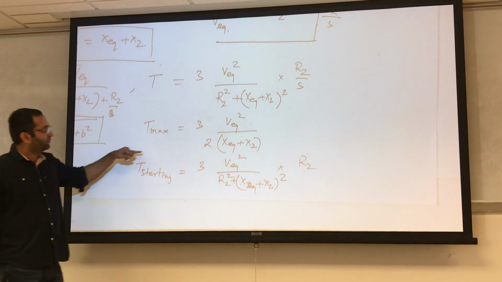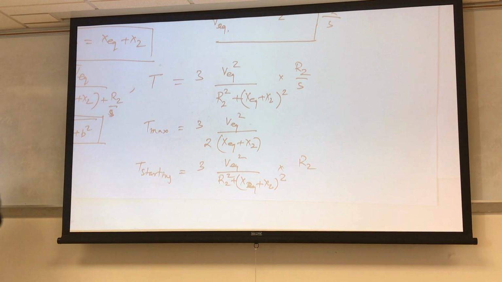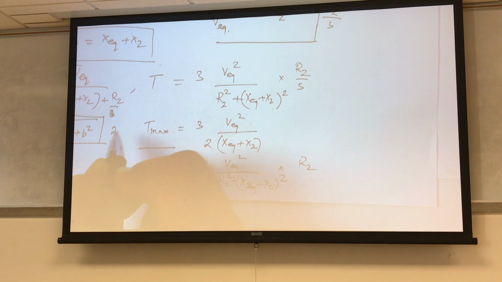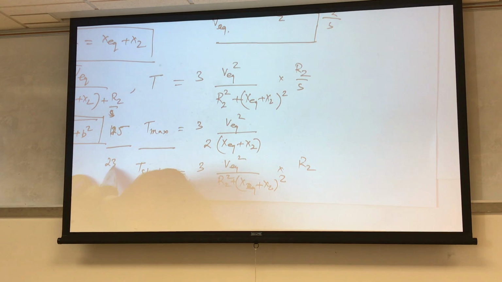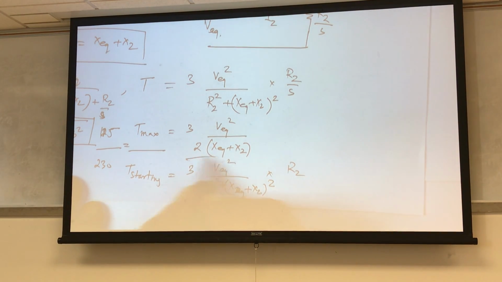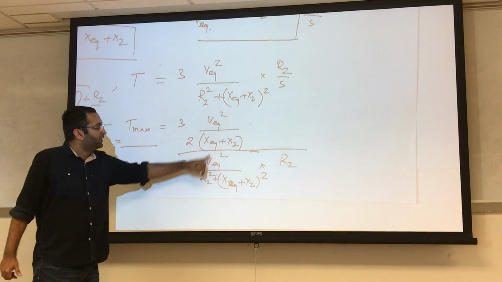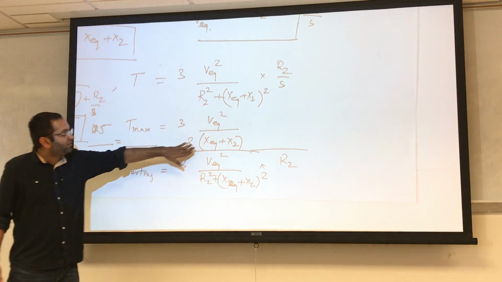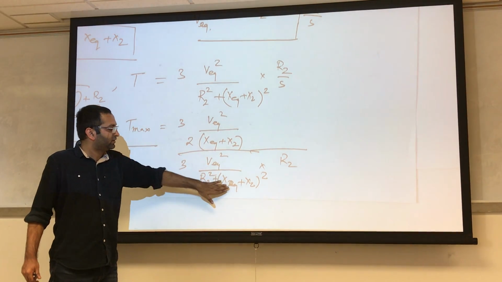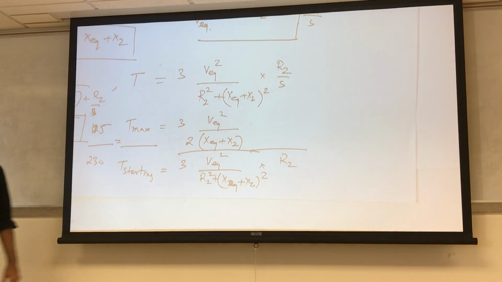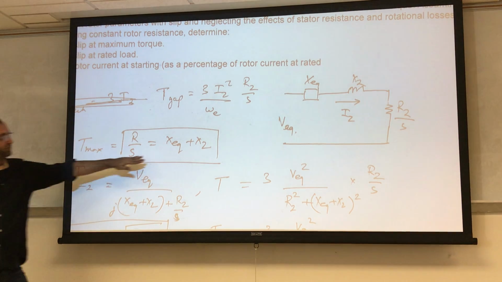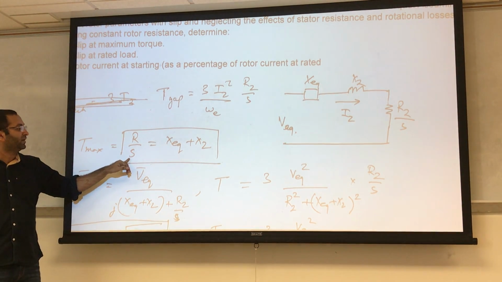Now to solve this example, you can just divide both of them, because this is 115 and this is 230. So once you divide it, you can easily solve this and find the slip. So when you substitute this, you will find that the equation will be in the form of X equivalent and X2. So you can again substitute X equivalent plus X2 was R2 over S. So you can easily find it.